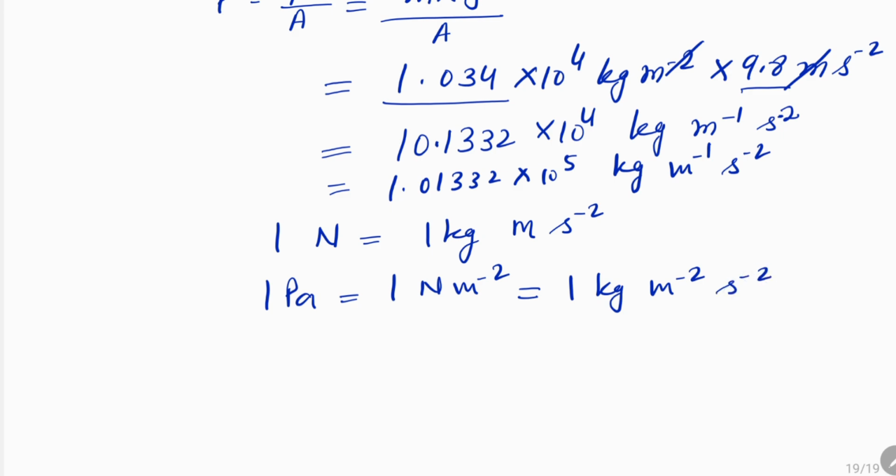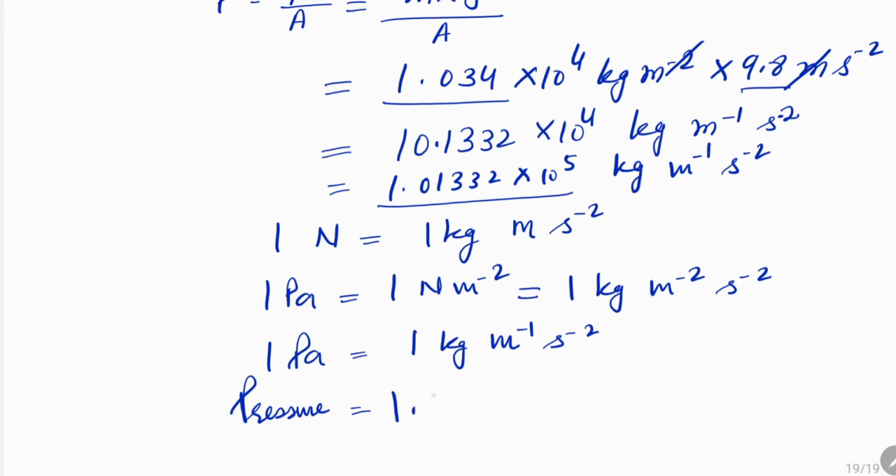So the Pascal becomes equal to 1 kilogram meter inverse second inverse square. So the pressure is 1.01332 into 10 raised to power 5 Pascal. This is how you are going to calculate this kind of questions.